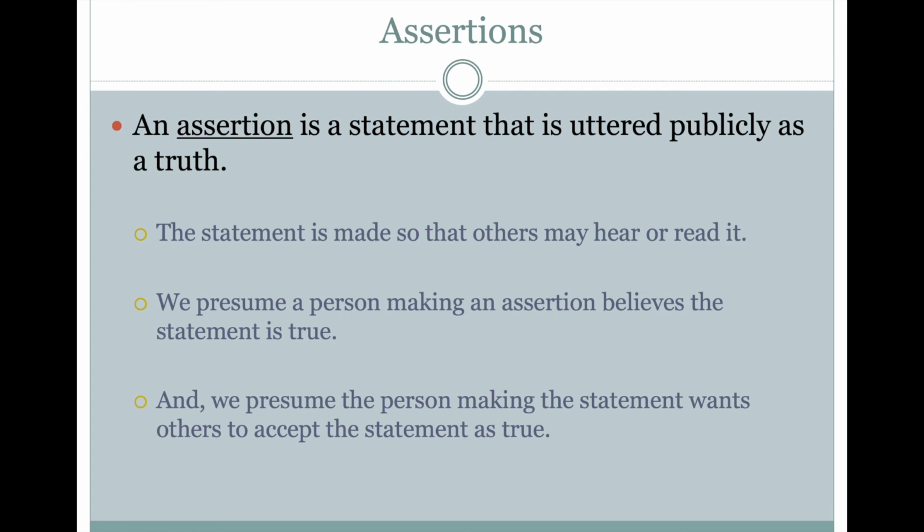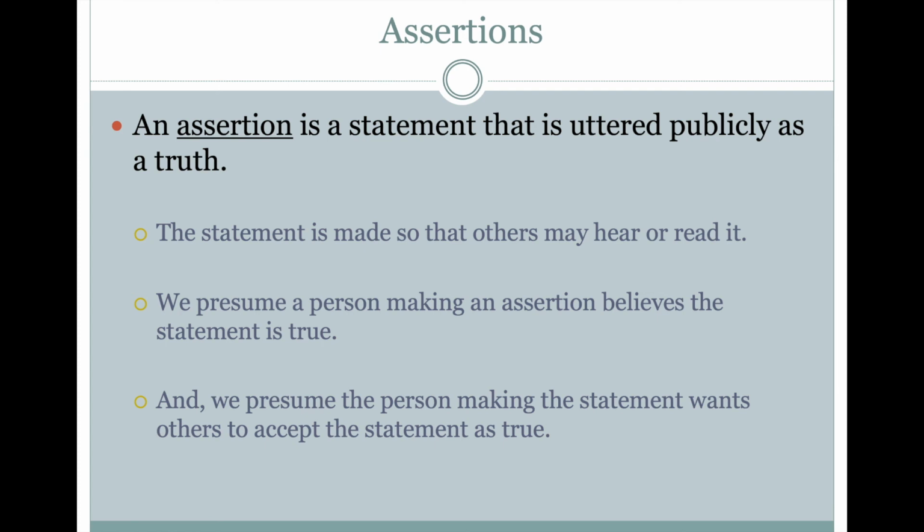Okay? And we presume the person making the statement wants others to accept the statement as true. So another presumption is when someone speaks to us, makes a statement directed to us, we presume that they think at least that this is worth our knowing, that it is something we would be interested in or want to know, and that the person who's making the assertion wants us to believe it as true as well.